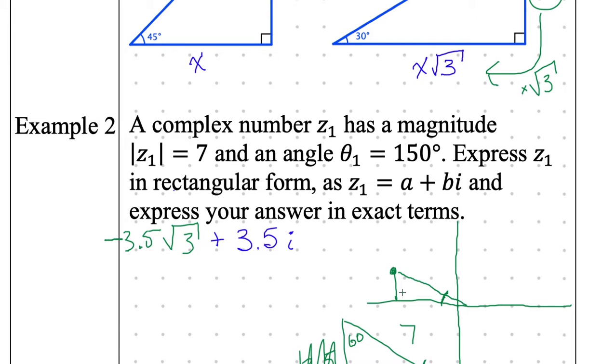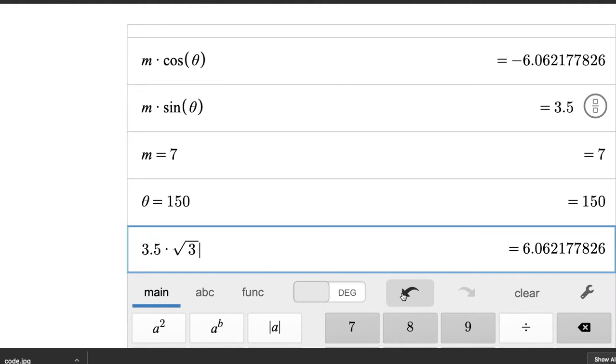So just be careful of that. Do we all see the difference between negative 6 versus positive 6? If we made this a negative, just by putting negative there, then we'd get the exact same number up here. This is exact, this was rounded. Exact has a square root, rounded has a decimal that we have to round.